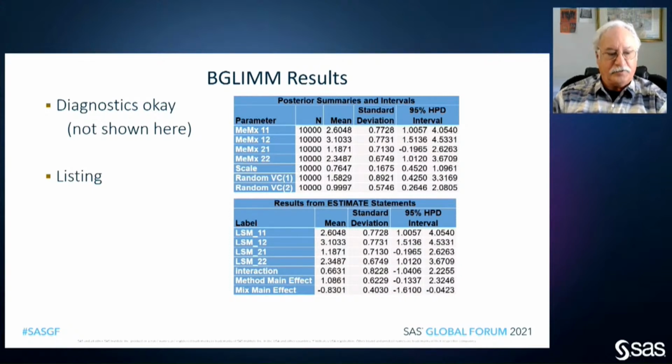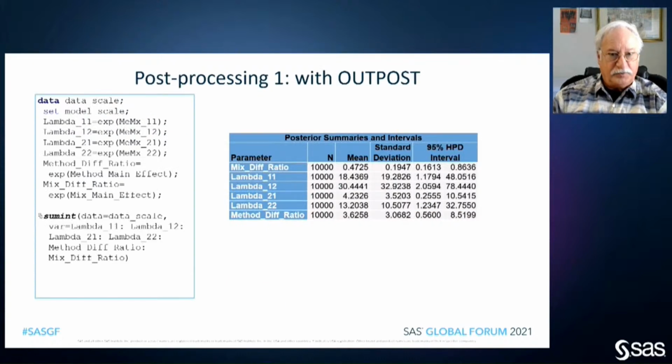What we can then do is turn our attention to the I-links, the inverse links. So again, we could either do this with the outpost and some int macro. When we do that, what we see is these, if you take E to the method main effect and E to the mix main effect, that actually gives you an estimate of the ratio of the probabilities for these 2 differences.